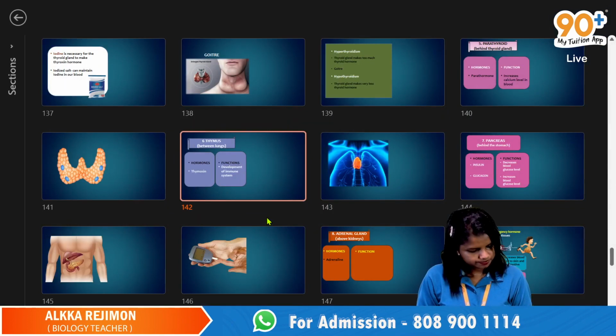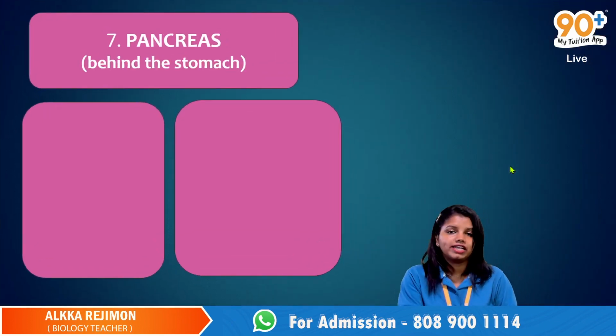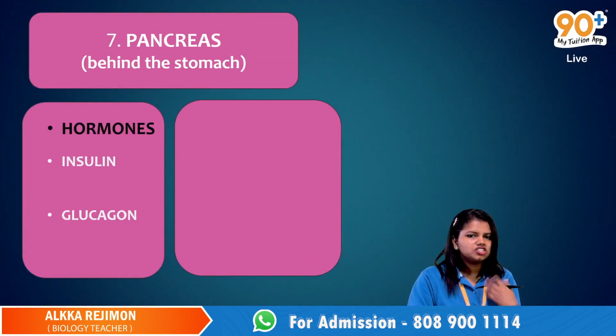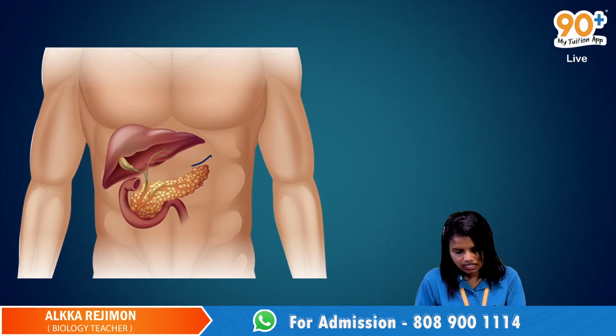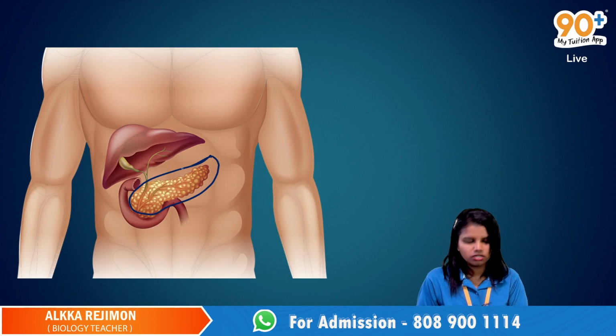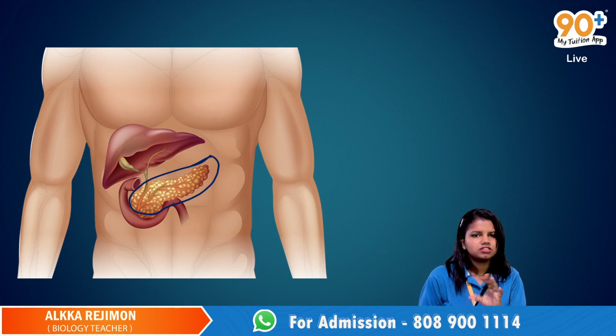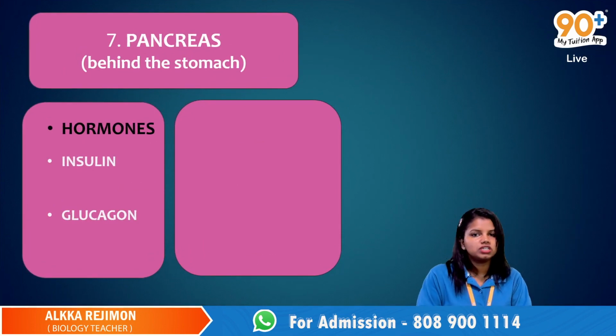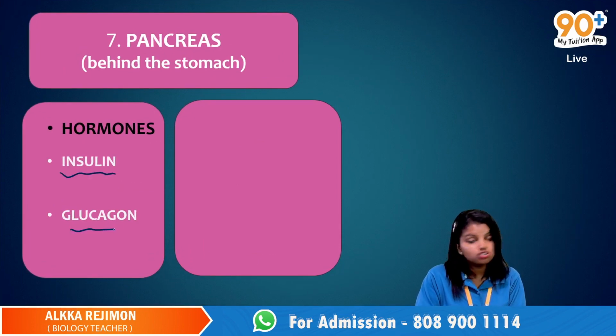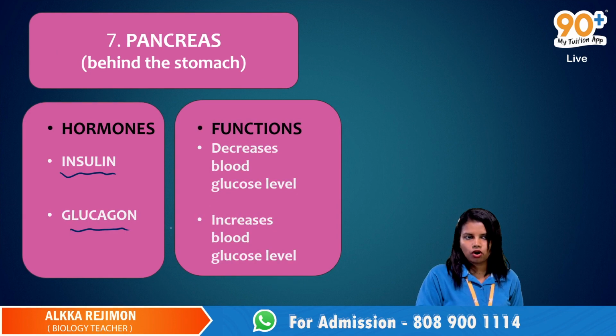And the seventh gland is the pancreas, which is seen just behind the stomach. Here you can see this is the stomach region, and here this yellow globular structure, which looks like a leaf shaped structure, that is the pancreas. The pancreas produces major hormones like insulin and glucagon, which you will already be knowing.